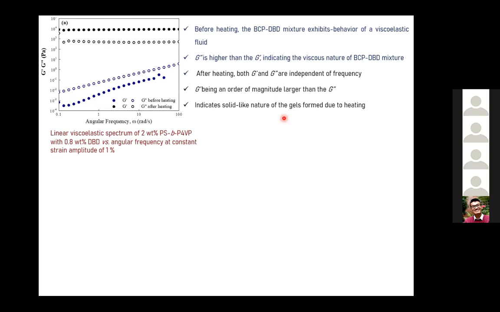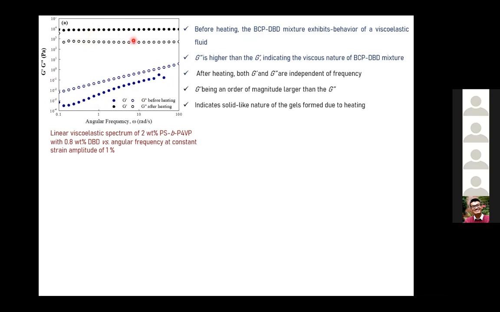We also did some rheological characterization on these polymers, and you can see here that before heating, the mixture of the block copolymer and DBD shows a viscoelastic fluid, where G double prime is greater than G prime, and this implies it has viscous nature.